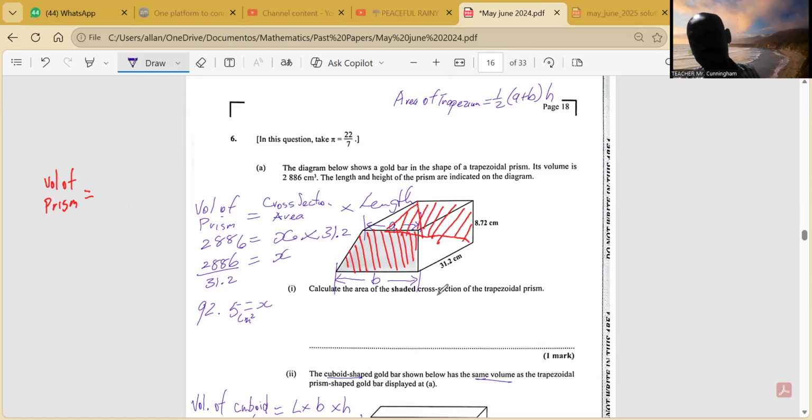Everybody okay with that? So it will be the cross-section area multiplied by the length. Let me give another example so that you understand.